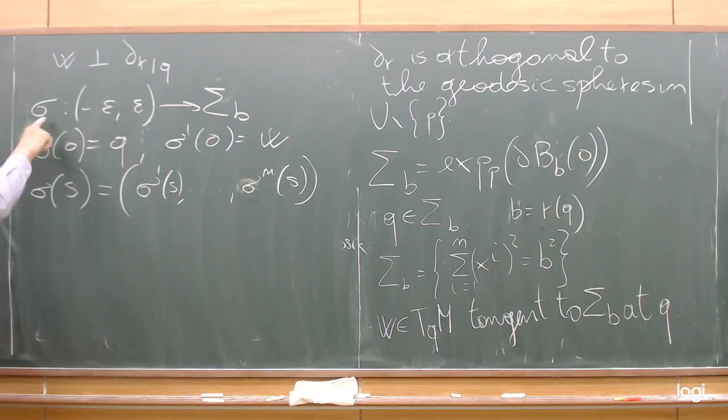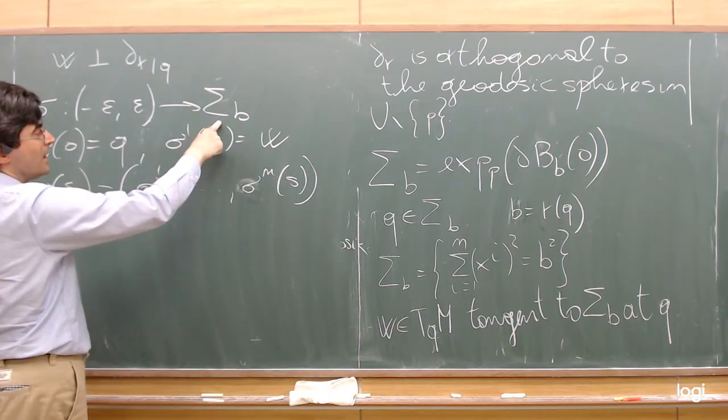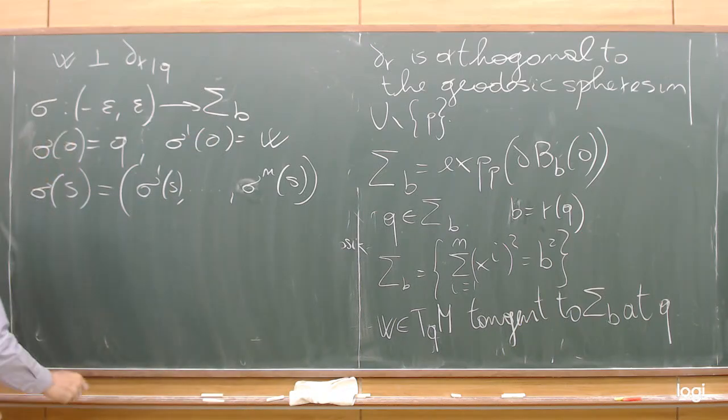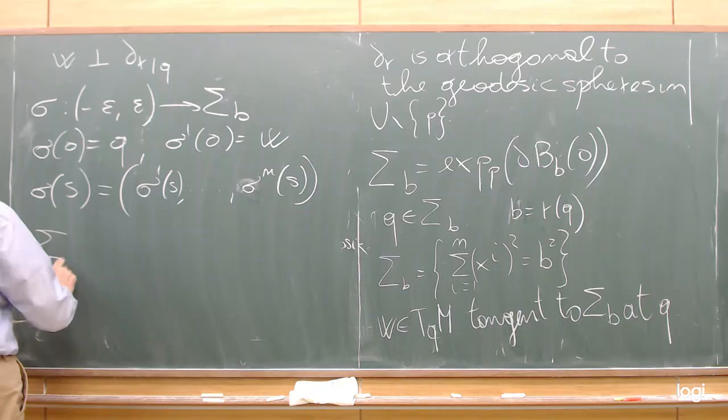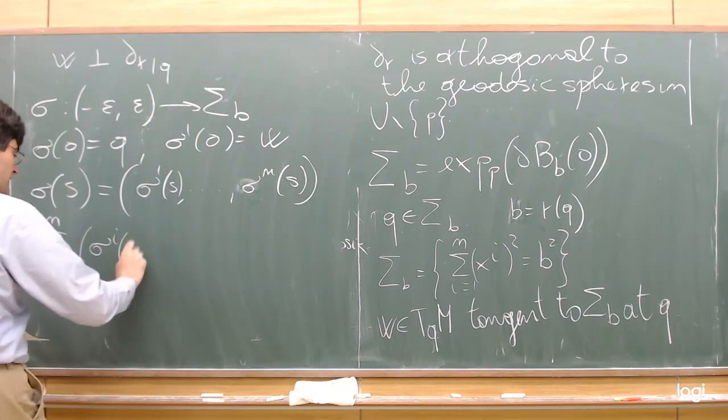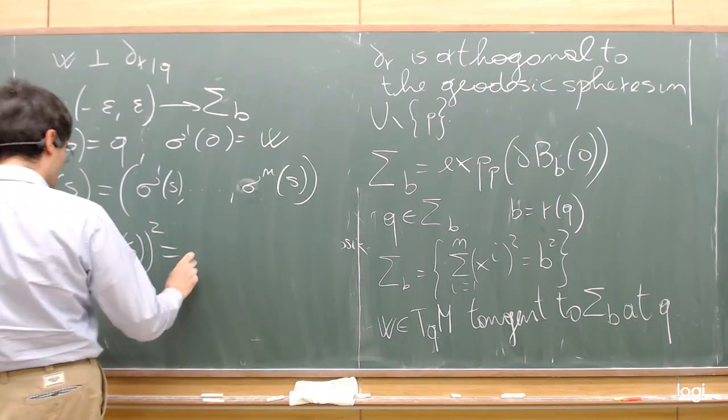The fact that sigma lies on this geodesic sphere means that the sum over i of sigma^i(s) squared is b squared.